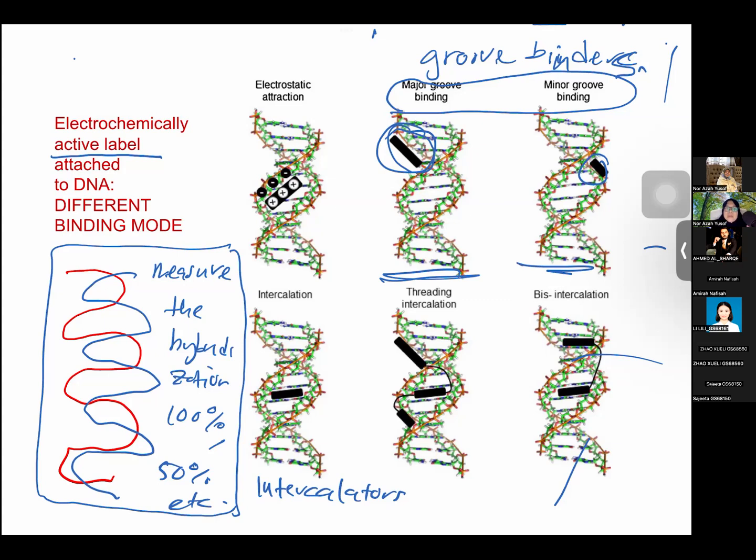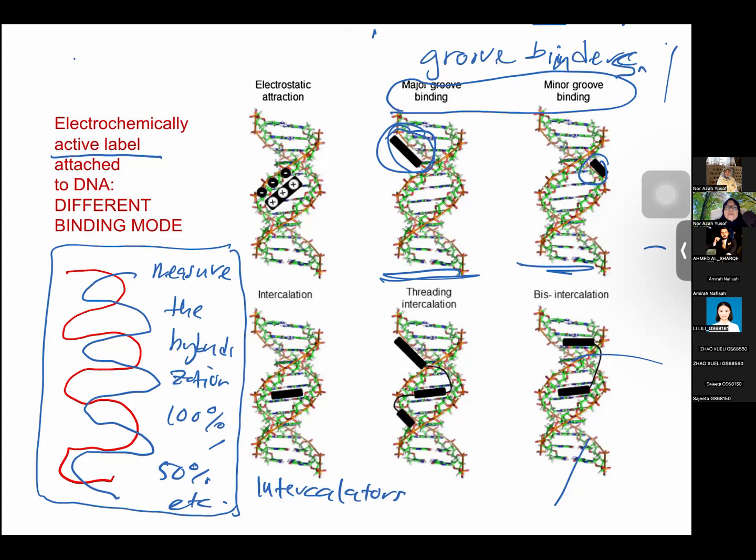So if you have a lot of groove binders attached to the DNA, that represents a lot of hybridization happening, meaning that the percentage of good, perfect hybridization is there.